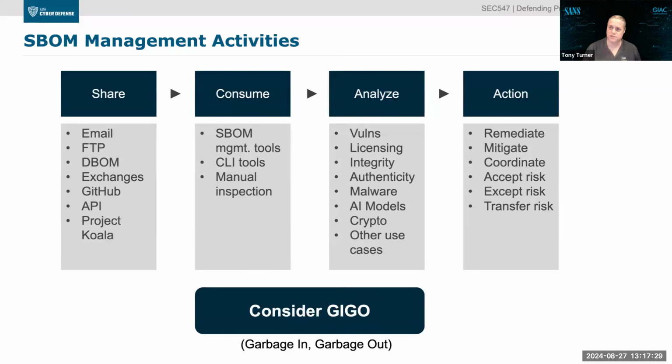We've got projects like digital bill of materials that have expanded and provide mechanisms and frameworks to exchange this information. We have other kinds of commercial exchanges and repositories of this information. People are sharing their SBOMs via API.